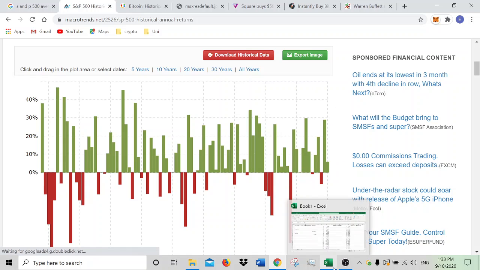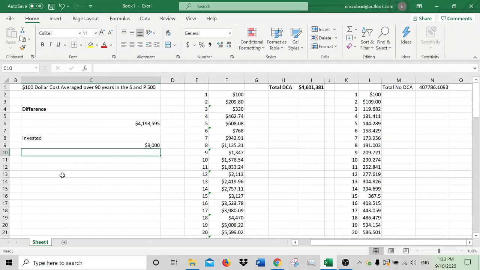I've done up a little spreadsheet here using $100 over the last 90 years. If you put that into the S&P 500 and received the average return of 9.8%, with dollar cost averaging you'd net a total of 4.6 million US dollars in those 90 years.